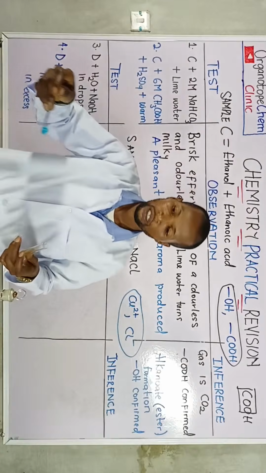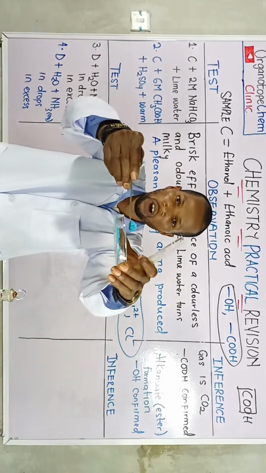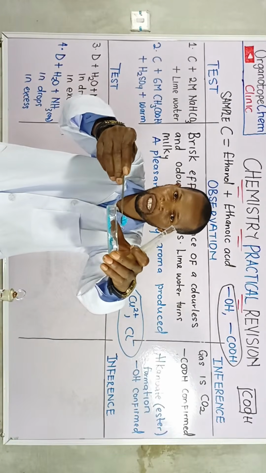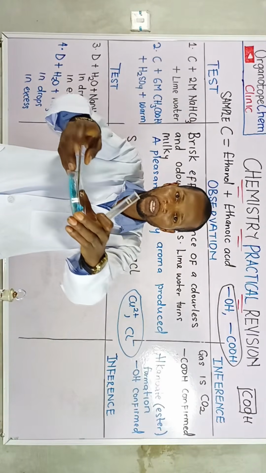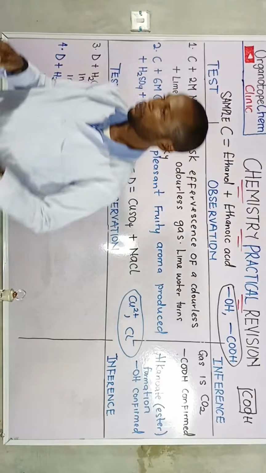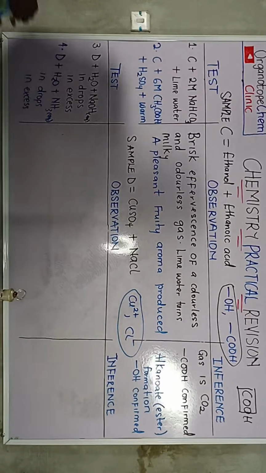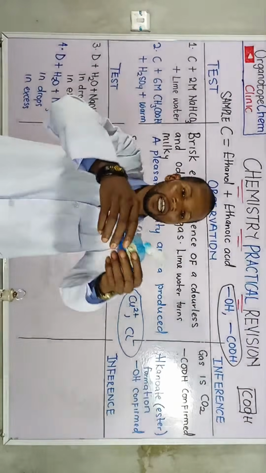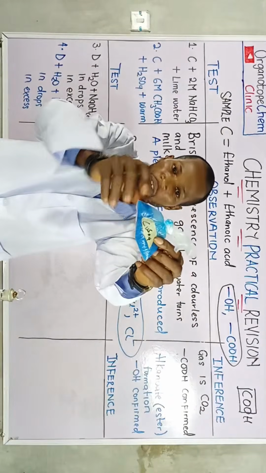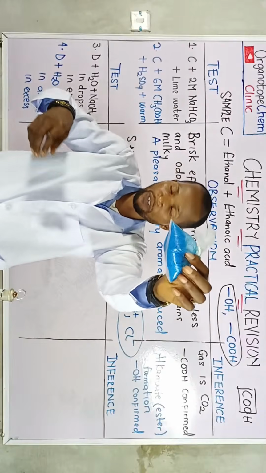Can you see? This is our sample D, a mixture of copper(II) tetraoxosulfate(VI) and sodium chloride. Before mixing, here is my copper sulfate. This is pure copper sulfate.